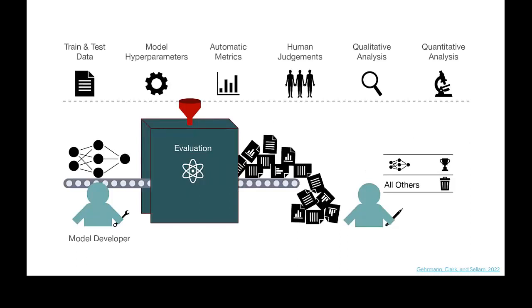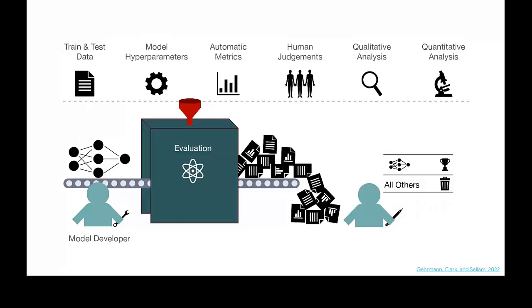If we're looking at published papers, often what we're seeing is this move towards standardization, where we hold all the parameters of our evaluation pipeline static, and to be able to compare to previous work, we want to evaluate on the same training and test data with the same metrics, with the same or similar human evaluation. And therefore, the evaluation becomes a little bit of a black box.